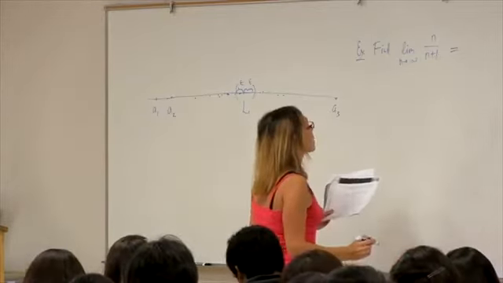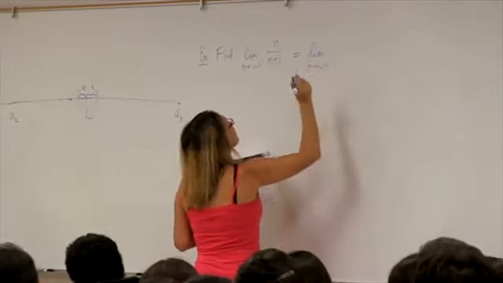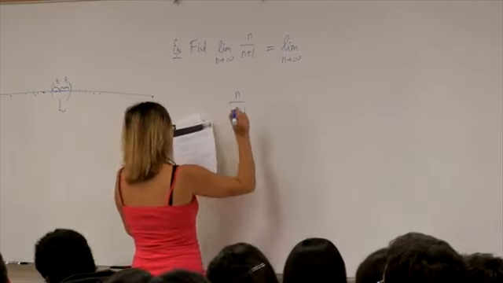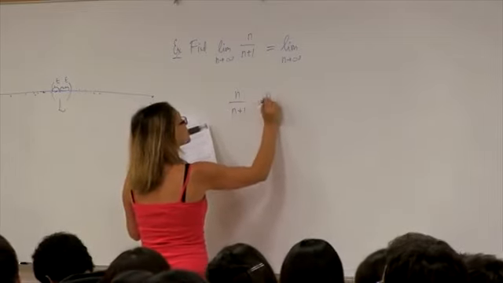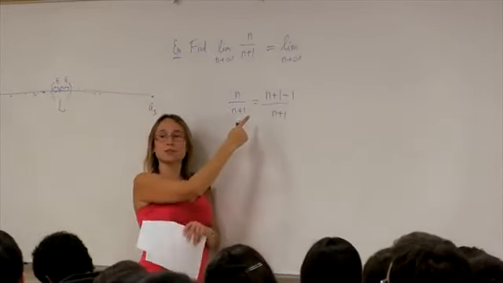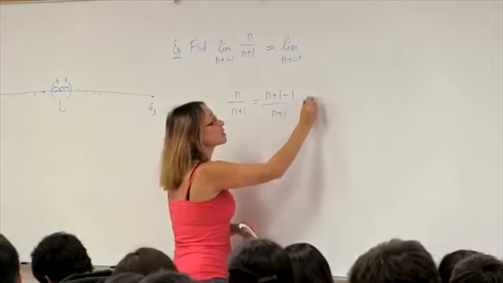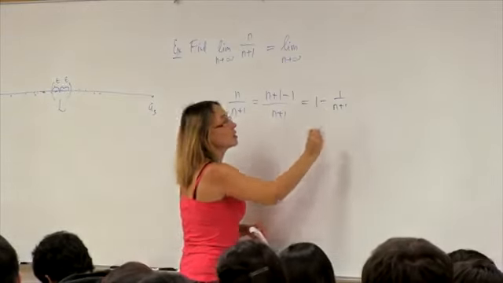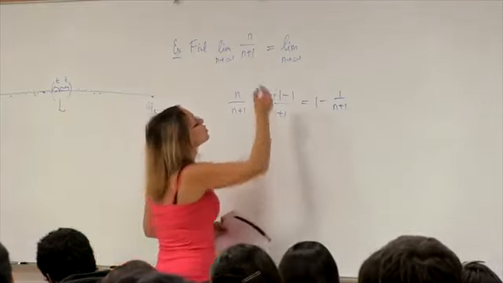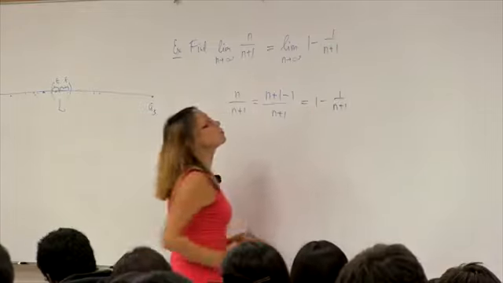So in this case, we can perform the following manipulations. We can say that n plus 1 is the same as n plus 1 minus 1. Remember, we did this with integrals sometimes. We add and subtract the same number, and it remains the same. And now we can write this as 1 minus this. Okay. So the limit of this is the same as the limit of 1 minus this.